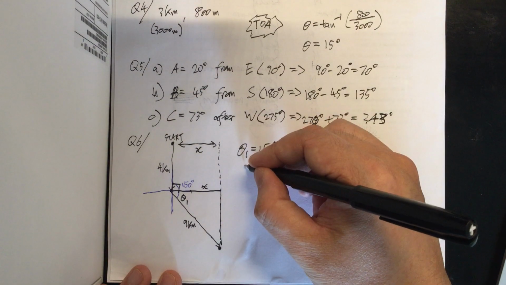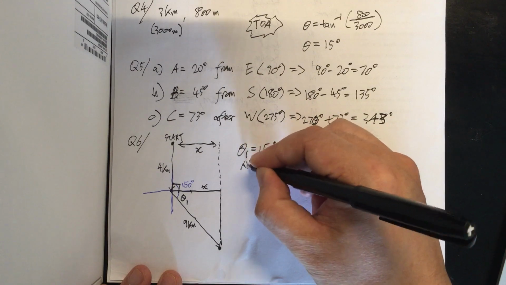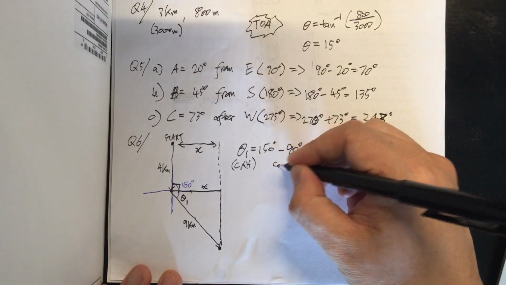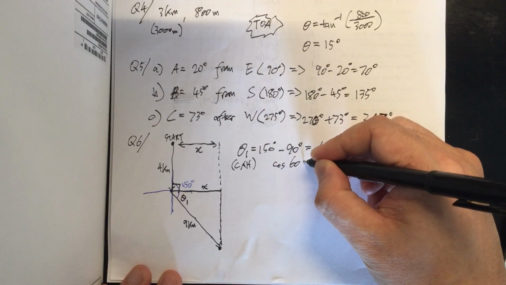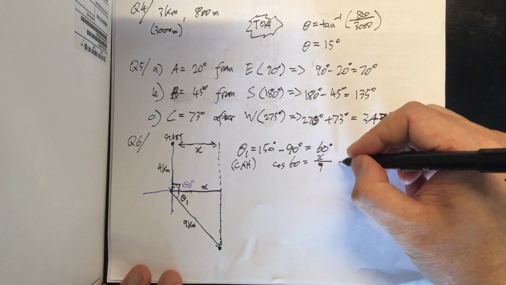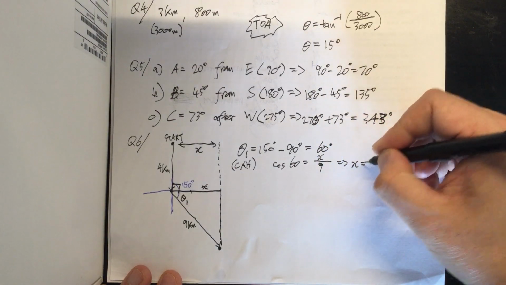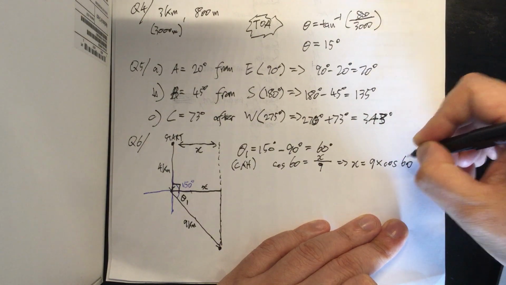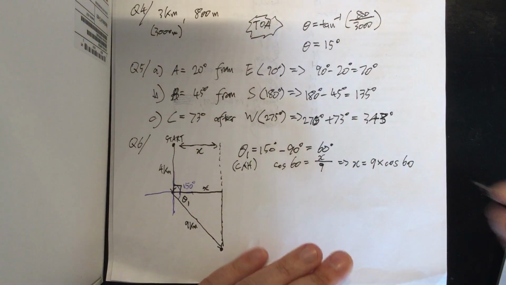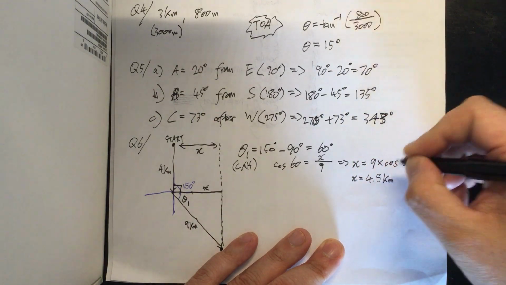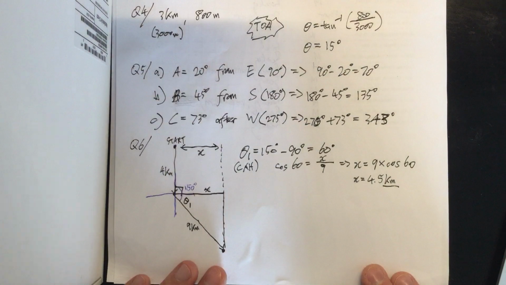Adjacent over hypotenuse, that's cos. So cos of 60 degrees equals adjacent over hypotenuse, and x would be 9 times cos 60. I believe that would be 4.5 kilometers. That's the unit.